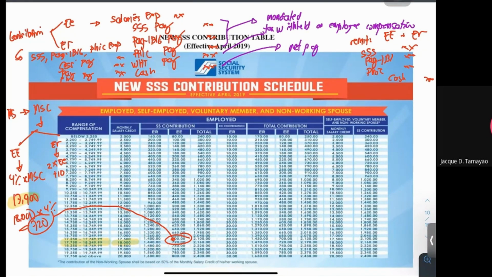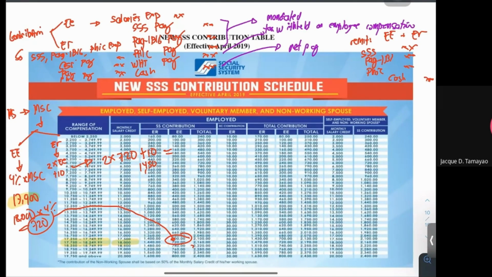How about for employer share? That is twice the employee's share plus 10. So 2 times 720 plus 10 will give us 1,450. Let's check if that is equal to 1,450.